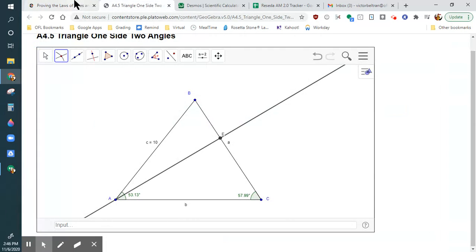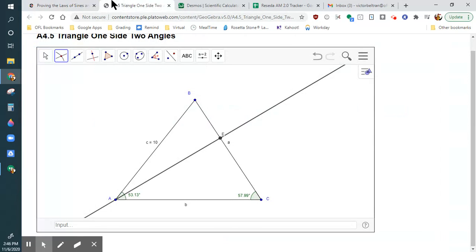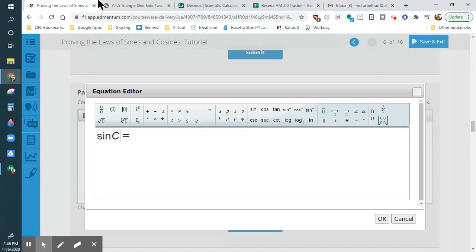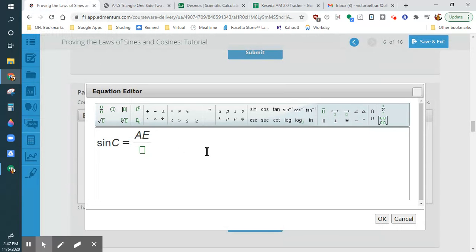Sine of 57.99 equals, oh wait, sine, they want us to use variables. I learned that from last time. Sine of C equals AE, our opposite, so do our fraction, AE over our hypotenuse, which in this case I'm just going to put little b there.